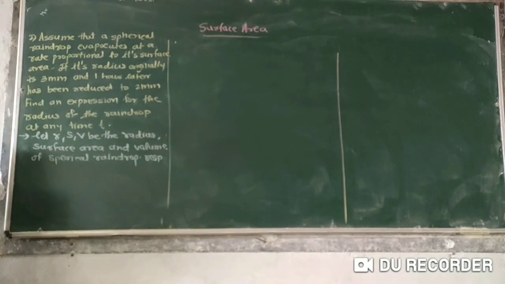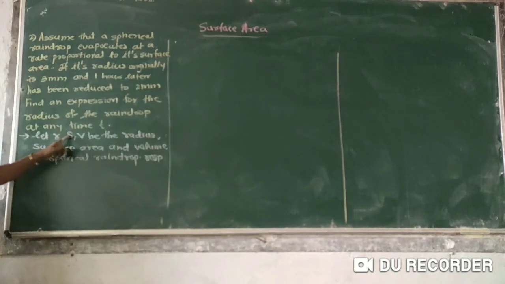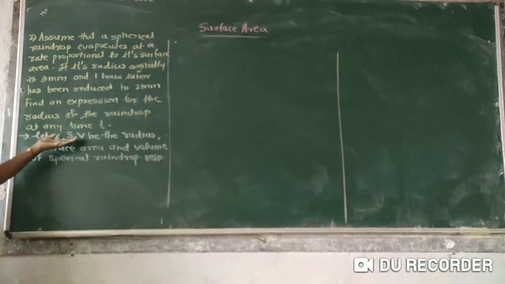Now look at what is given. A spherical raindrop evaporates at a rate proportional to its surface area. Yes, S is the surface area and its evaporation, that is the decrease of volume of the raindrop, is proportional to its surface area.